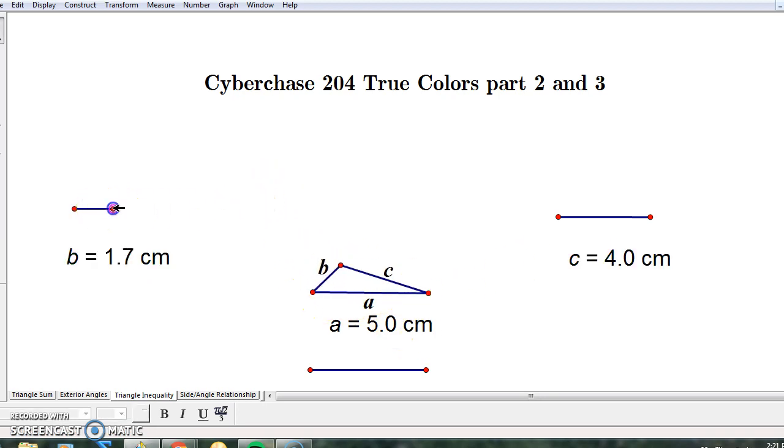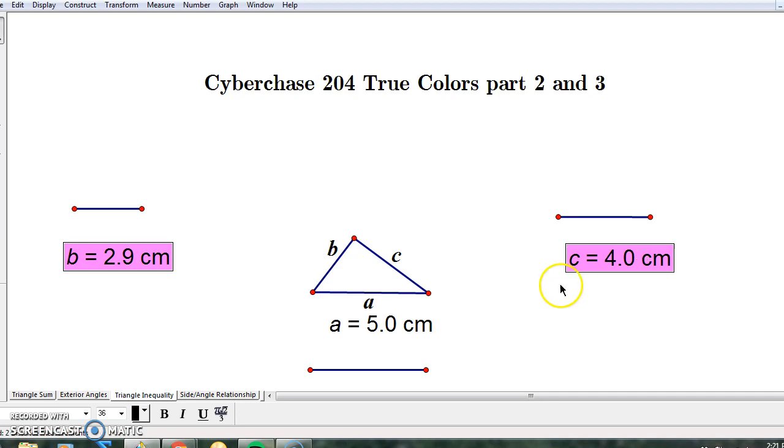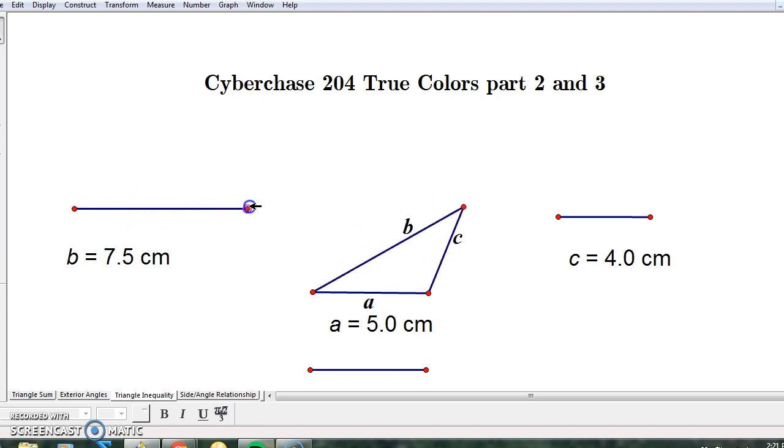So if this one is a little bit more, basically what we've got to have is the two short ones have to add up to more than the longest one. So right now we've got 2.9 and 4, which would be 6.9, which is greater than 5, so we have a triangle. But then you remember when I took this one all the way to 9, it disappeared.